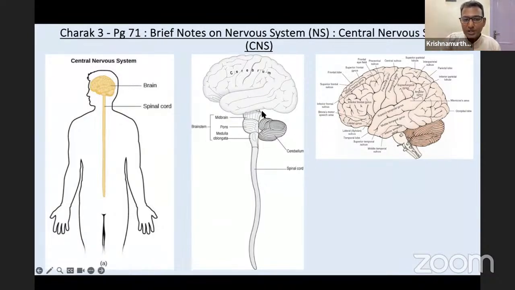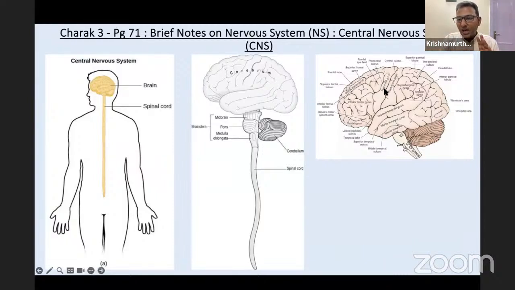This bridge between the brain and the spine is called the brain stem, and it has 3 parts: the midbrain, the middle section, pons, and medulla oblongata. If you know this much, that is reasonably good enough.